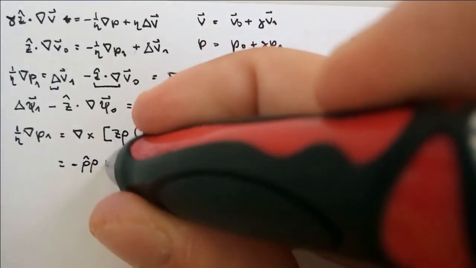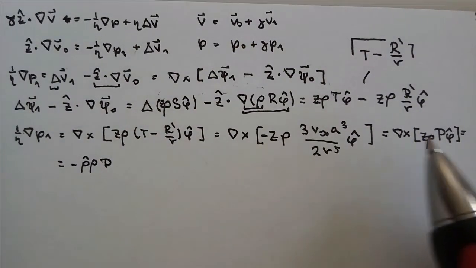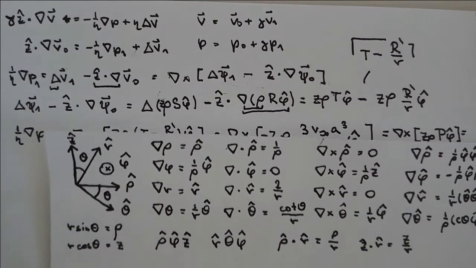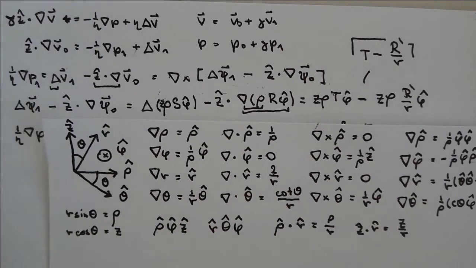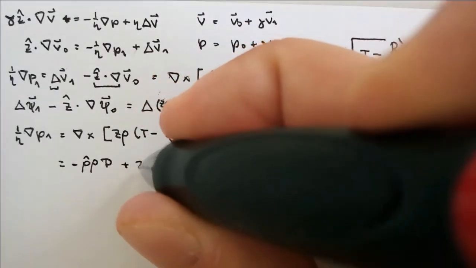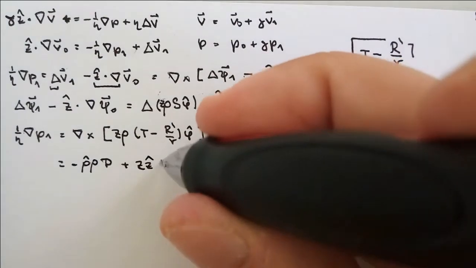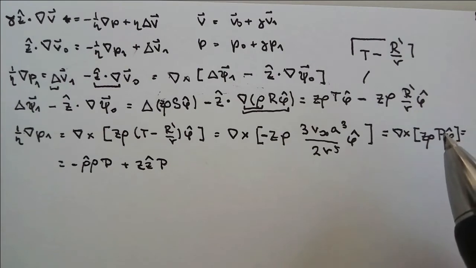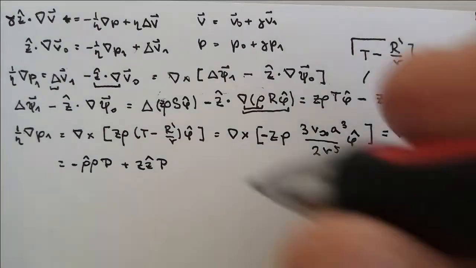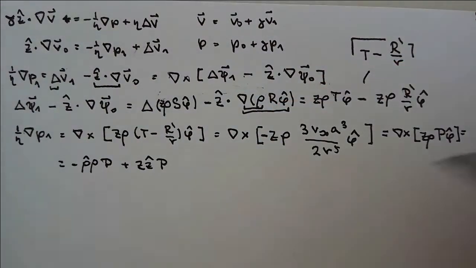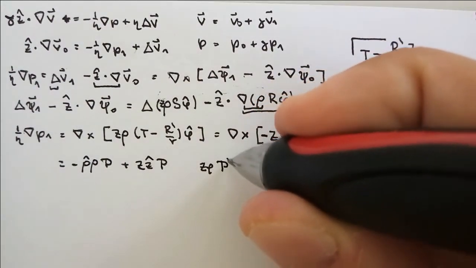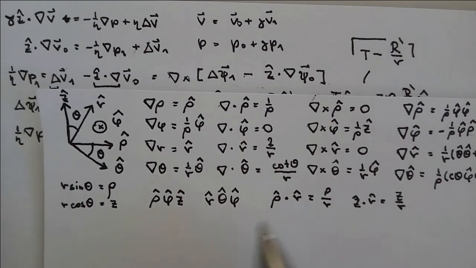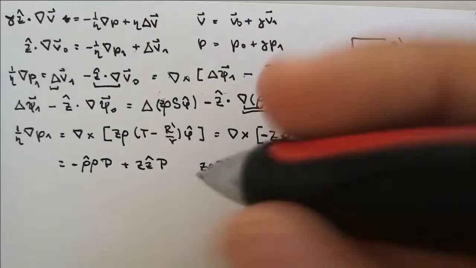times p, and the second term is rho hat vector product with cross phi. Rho hat cross phi is plus z, so it's plus z p, the function, and there is p with respect to r, so it's going to be z rho derivative of p times r hat, and r hat cross phi is minus theta hat.